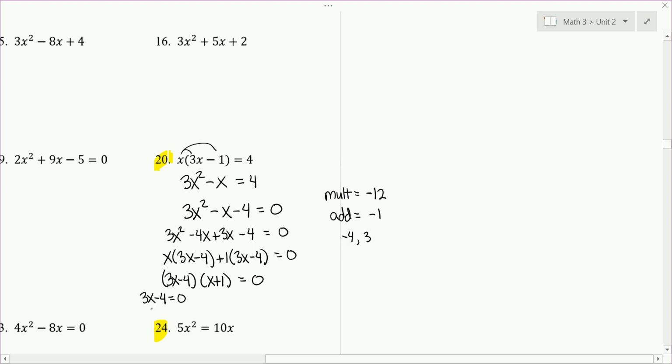So in the first case we get 3x is 4, so x is 4/3. In the second case we get x plus 1 is 0, so x is -1. So two answers from two factors.